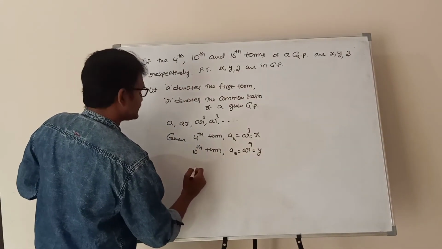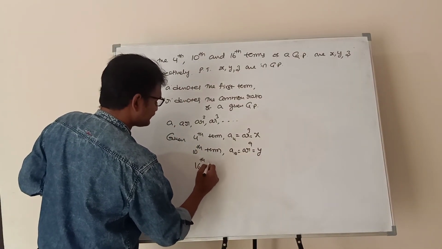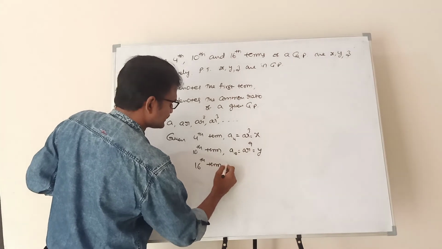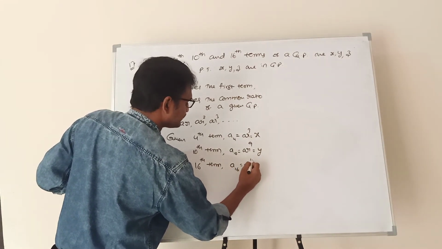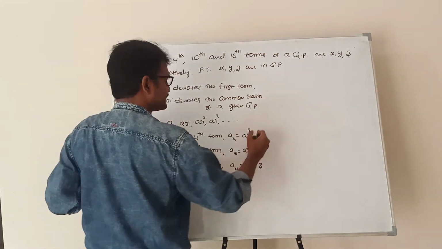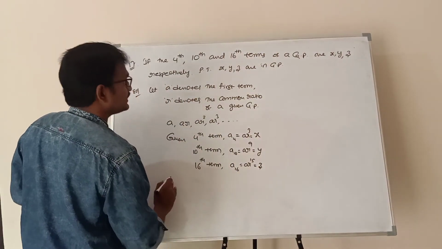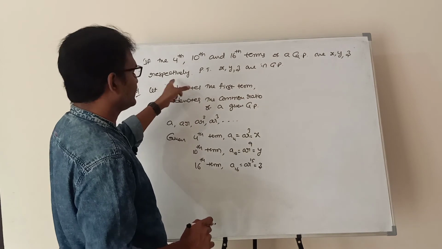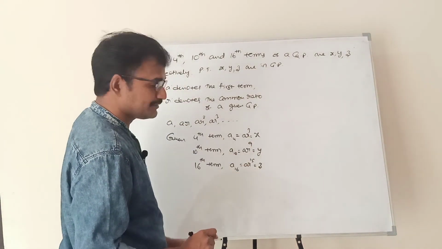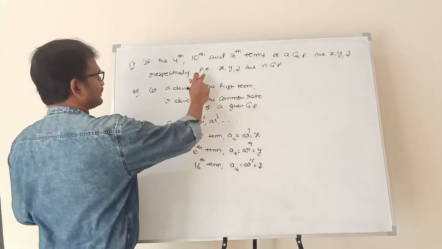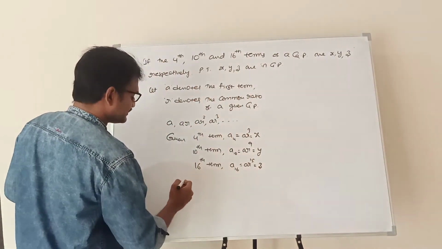Next, the 16th term, A16, A into R power 15 is equal to z. Next, what we have to prove? Prove that x, y, z are in GP.